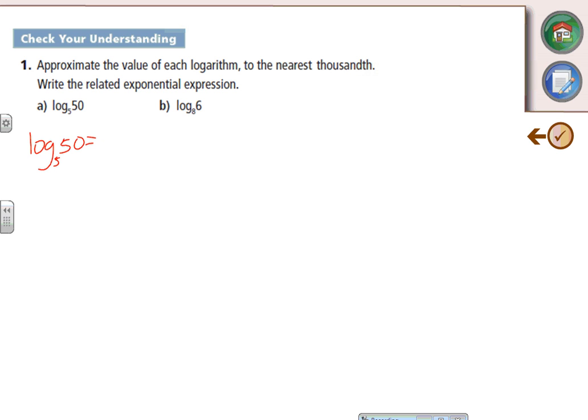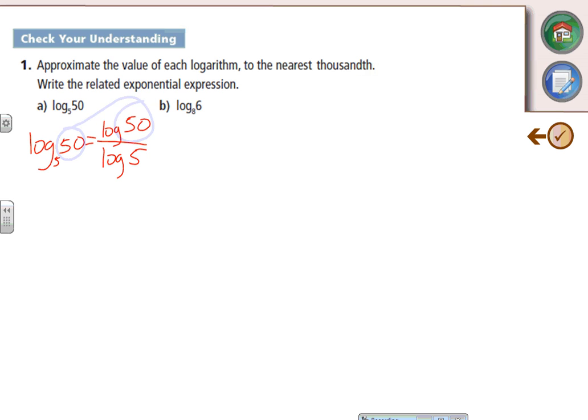So we've got log of something over log of something. And again, the 5 is a little bit lower, so it's going to go into the denominator. The 50 is a little bit higher, it's going to go into the numerator.